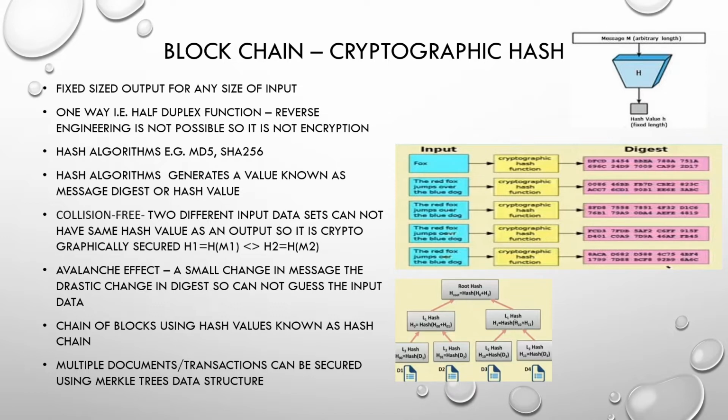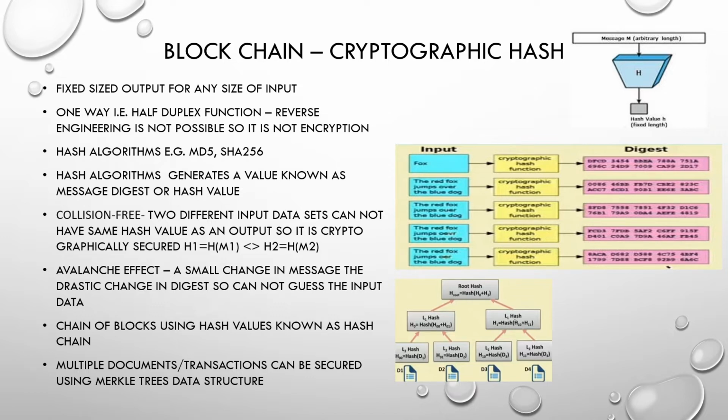The reason is simple. Why is it very useful in chaining a block? Because the size of a hash value is fixed. The size of every hash value is fixed for all blocks. It is based on a hashing algorithm. There are different types of hashing algorithms.